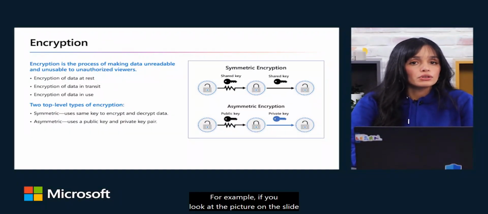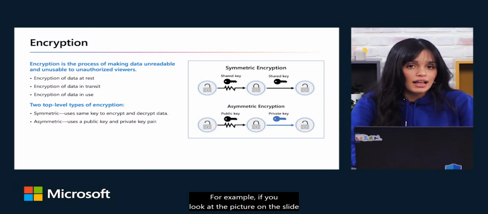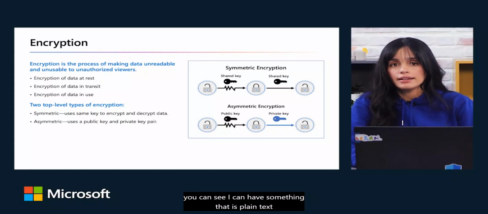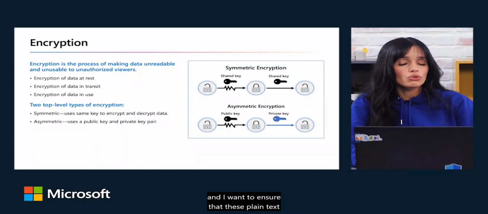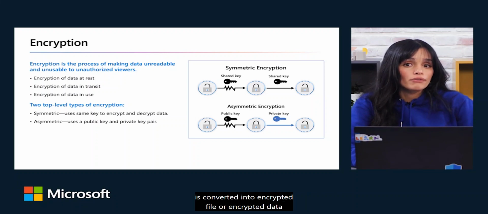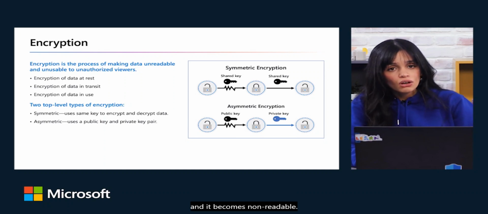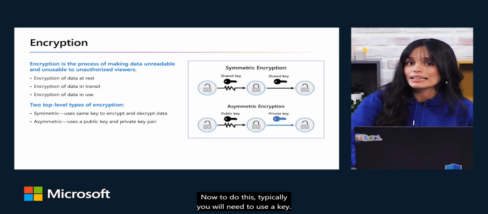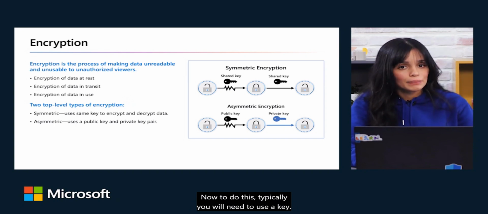For example, if you look at the picture on the slide where you can see symmetric encryption, I can have something that is plain text, and I want to ensure that this plain text is converted into an encrypted file or encrypted data, and it becomes non-readable. Now, to do this, typically you will need to use a key.